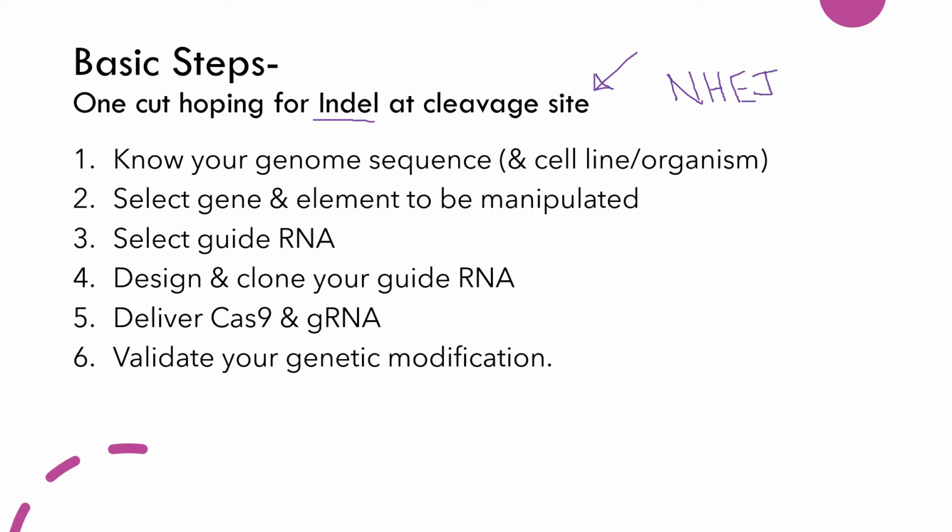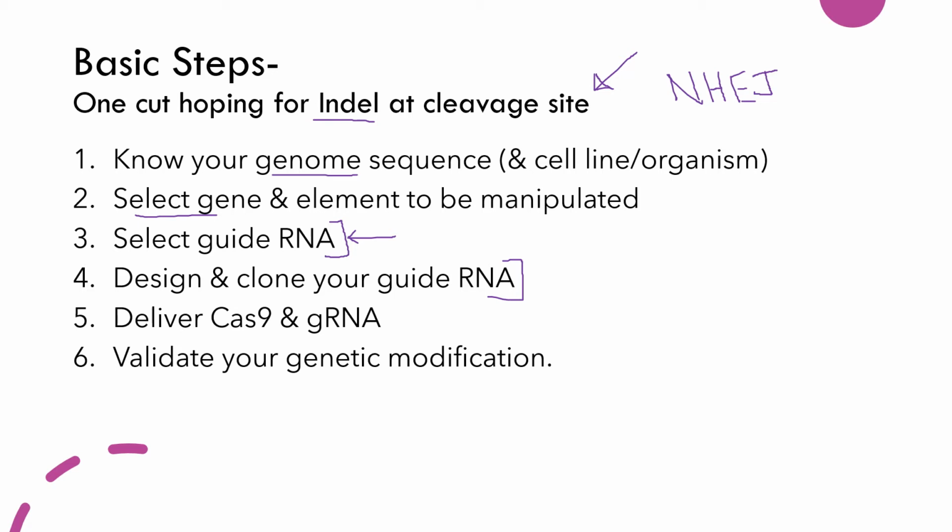We need to know what gene we want to study. We want to know what organism we're working in, so we need to know our genome sequence. We want to know the gene, and then within that gene, we need to figure out where we can target. There are certain criteria for a guide RNA. So we figure out what that looks like, and then we need some way to clone it.